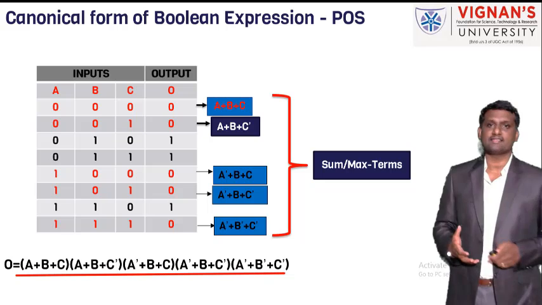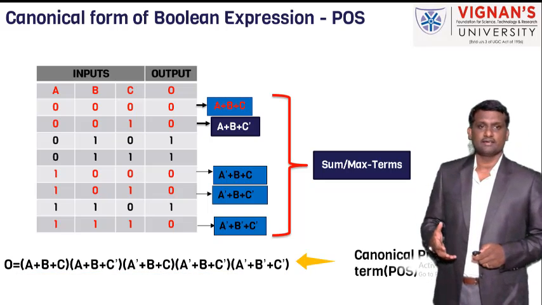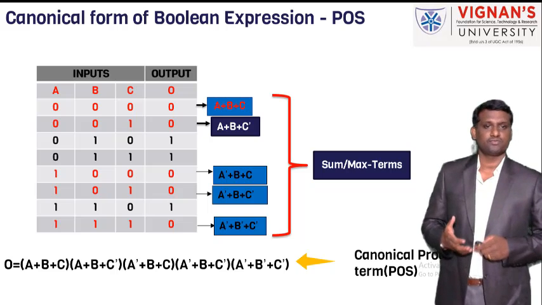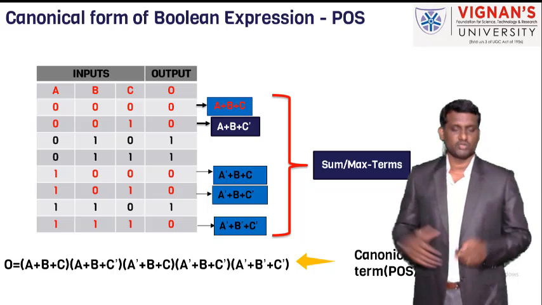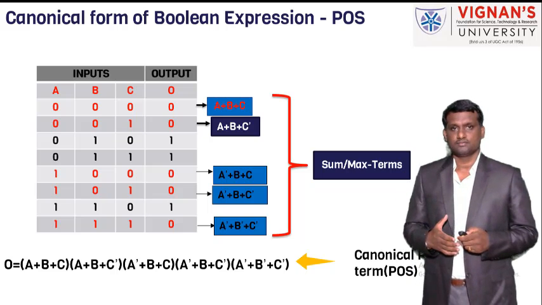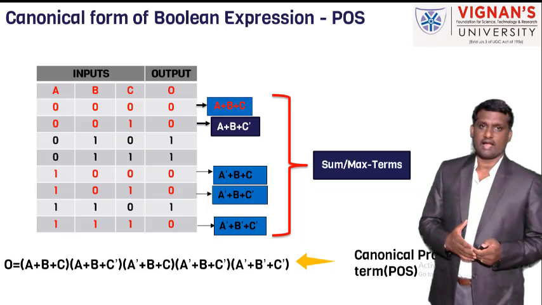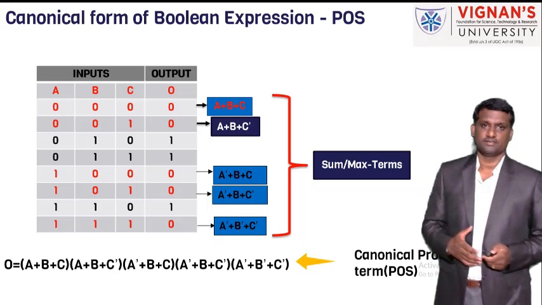That's why it is called a canonical form of Boolean expression in product of sum combination. So what about the canonical form of Boolean expression in sum of product and product of sums?